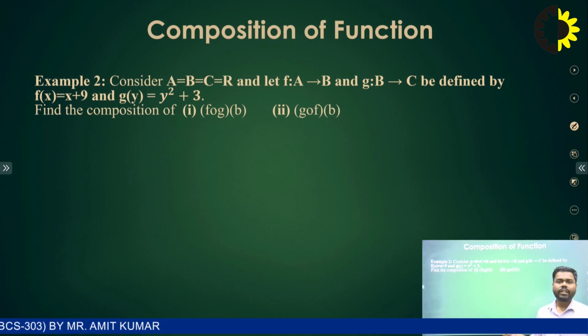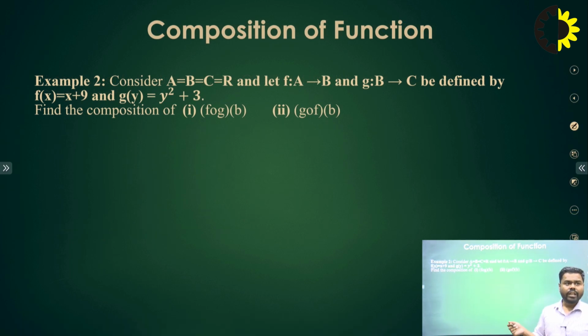Now, as an example, consider A = B = C = R. Let function f be mapped from A to B and function g be mapped from B to C, defined as f(x) = x + 9 and g(y) = y² + 3. Find the composition.